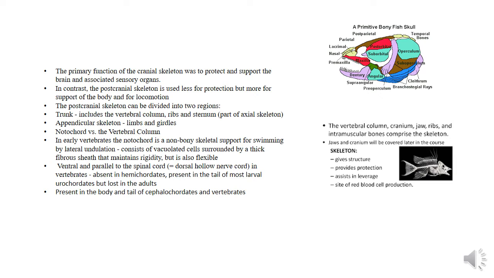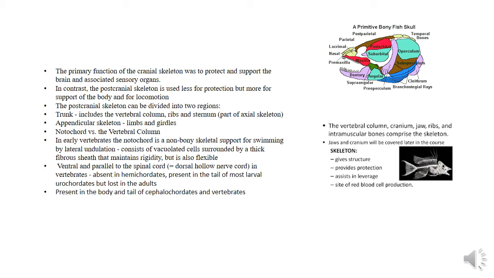Notochord. In early vertebrates, the notochord is a non-bony skeleton. It supports swimming by lateral undulation and consists of vacuolated cells surrounded by a thick fibrous sheath that maintains rigidity but is also flexible. It lies ventral and parallel to the spinal cord, that is the dorsal hollow nerve cord in vertebrates.